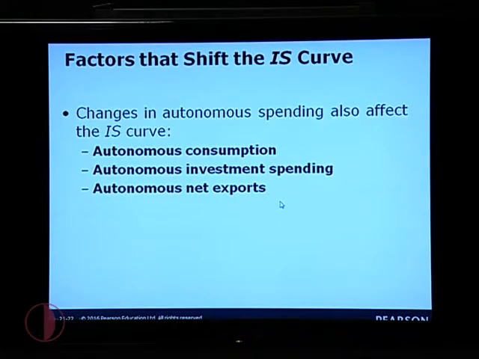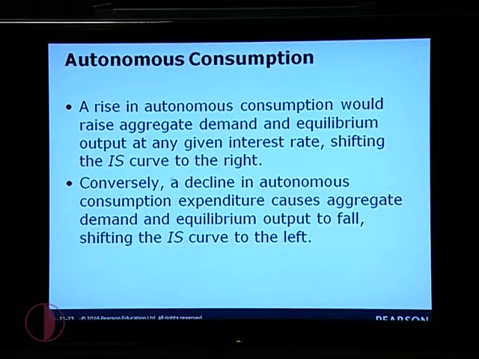Factors that shift the IS curve: changes in autonomous spending also affect the IS curve. Autonomous consumption, autonomous investment spending, autonomous net exports. Autonomous consumption: a rise in autonomous consumption will raise aggregate demand and equilibrium output at any given interest rate, shifting the IS curve to the right.